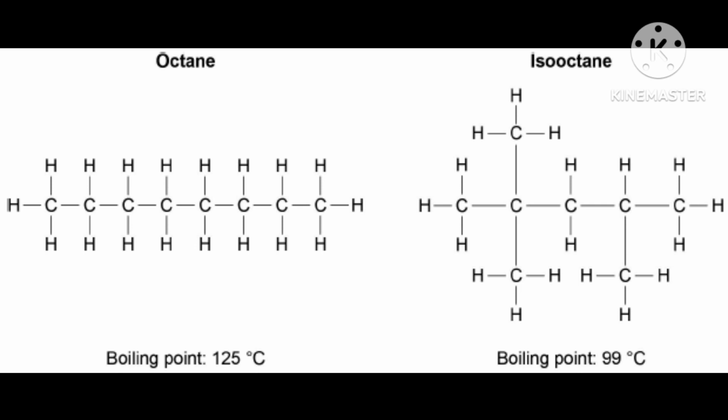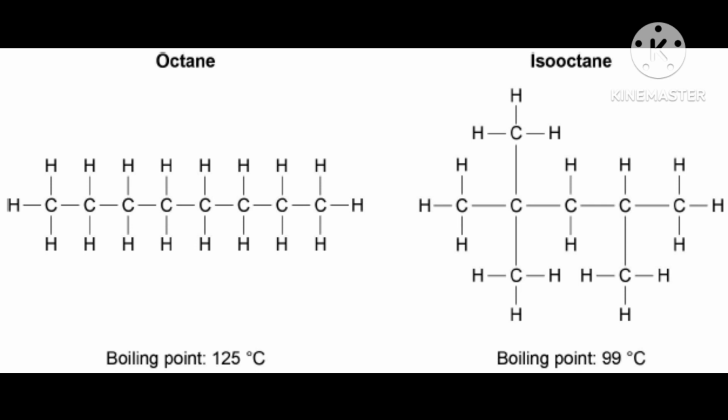If in the mixture 30 is isooctane and 70 is, suppose, normal heptane, then the octane number will be 30. If it is matching with 40, then the octane number will be 40. If it is matching with the sample which is 60, then it will be octane number 60 of that sample.